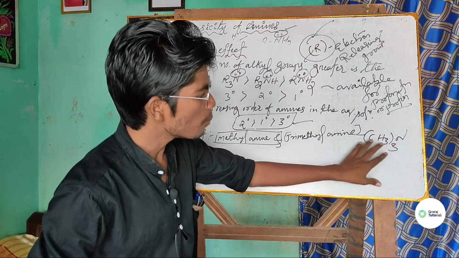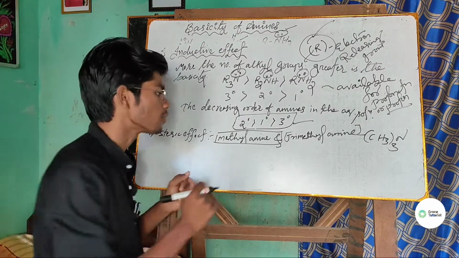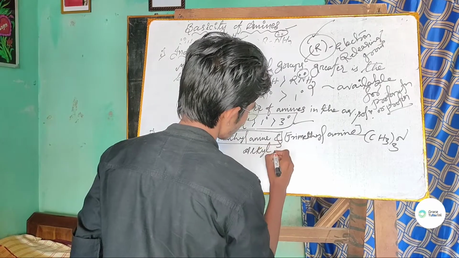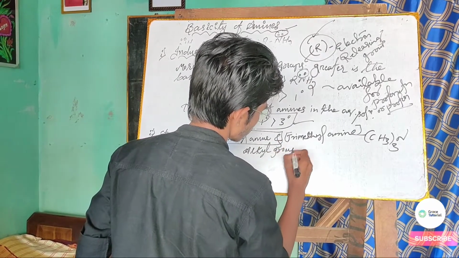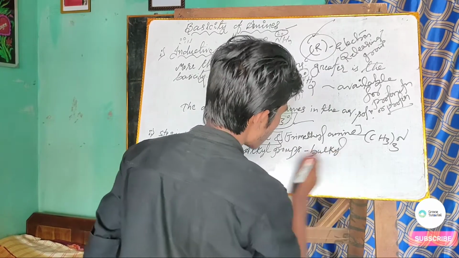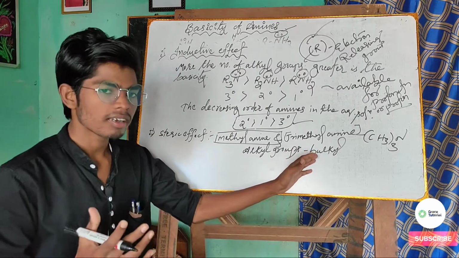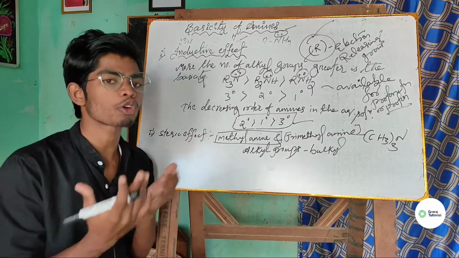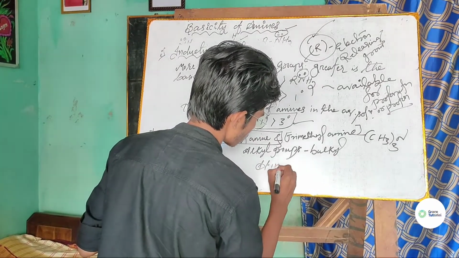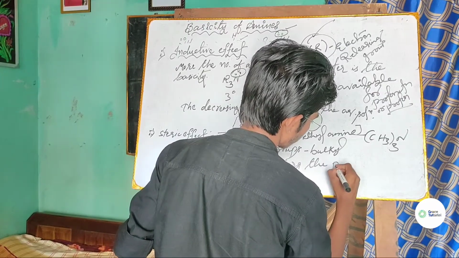Since you have three methyl groups, which are basically bulky in nature, these groups hinder the proton attack.